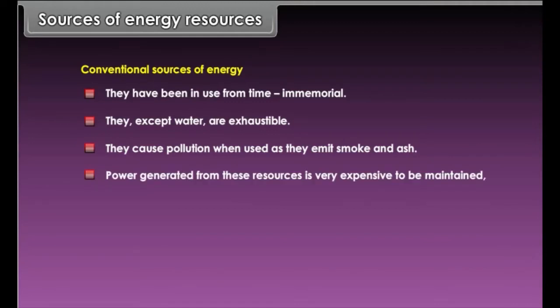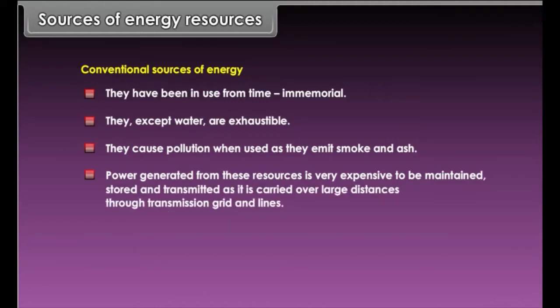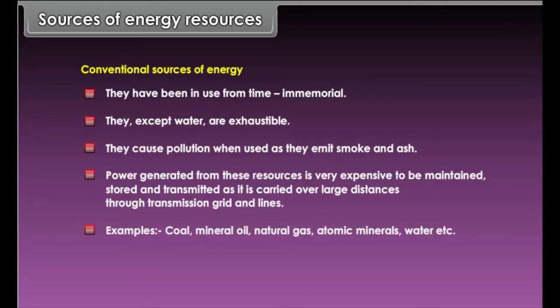Power generated from these resources is very expensive to be maintained, stored, and transmitted, as it is carried over large distances through transmission grid and lines. Examples: coal, mineral oil, natural gas, atomic minerals, water, etc.